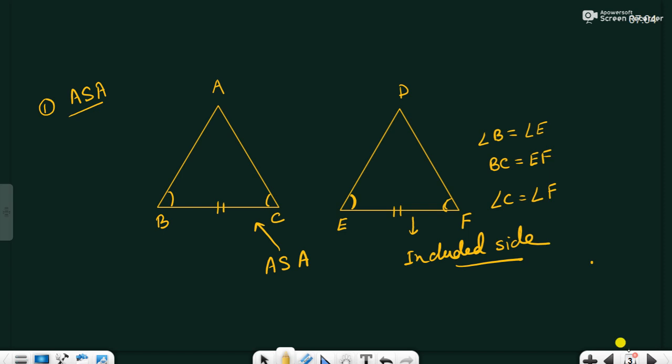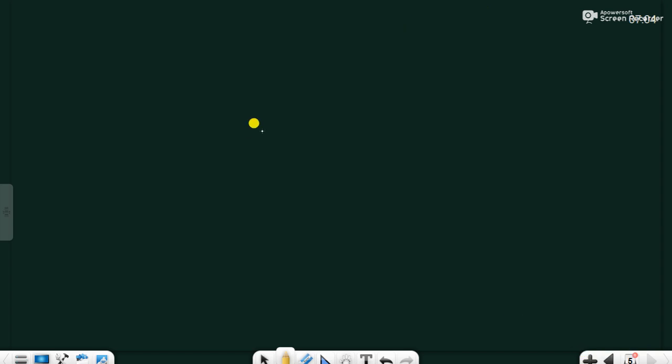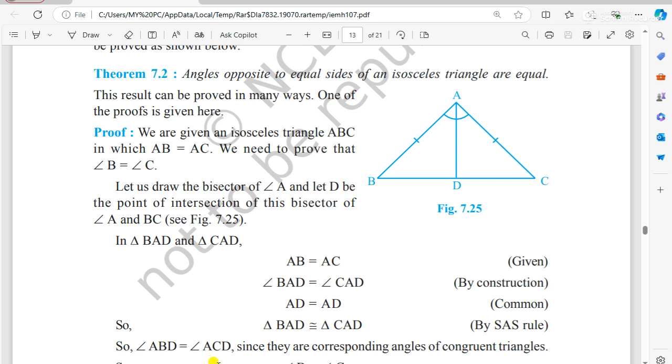Let us take another page. Here you see, suppose this is an isosceles triangle ABC. What is the rule you see here?